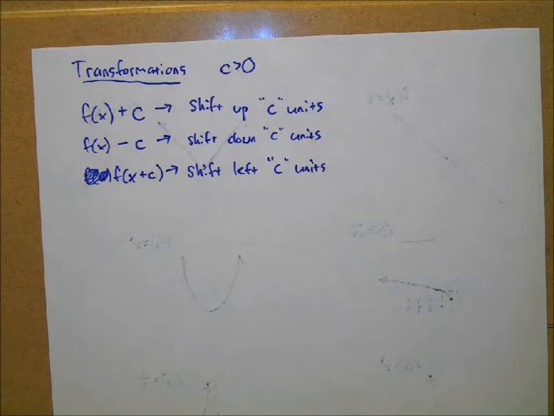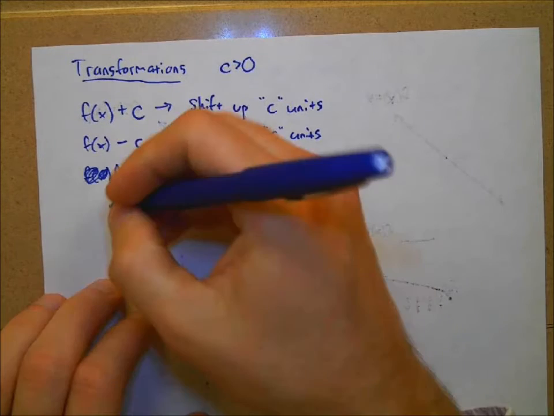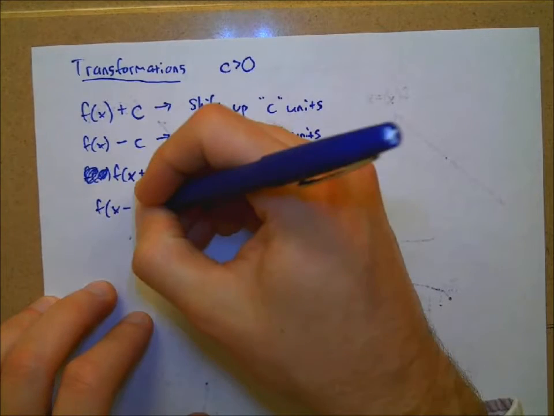So a lower x value, with c added to it, will result in the same height, that future height almost. It's kind of hard to describe, but the idea is it shifts everything left, because you arrive at those x values earlier since you're adding c now. So it moves things to the left. I don't know if that's a good description or not, but it's a little bit weird.